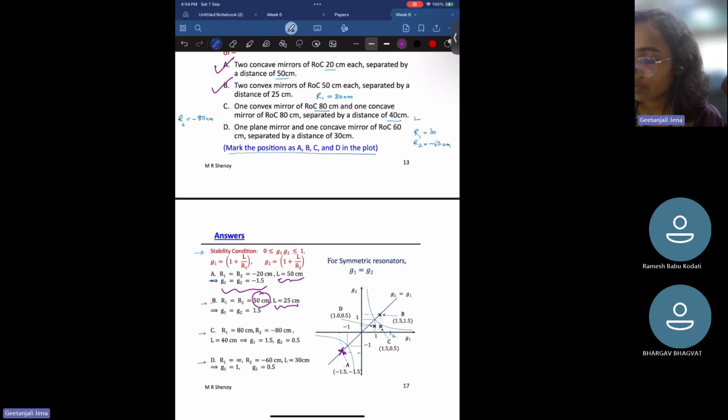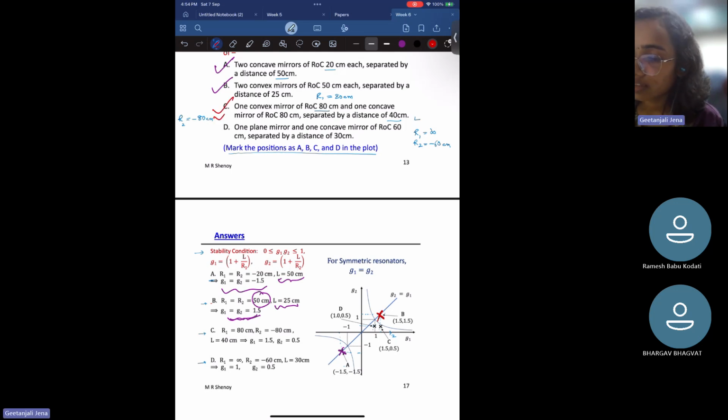So we will get the same value of G1 and G2 as you have seen in the previous case. G1 and G2 we get is 1.5 and 1.5. So that means the position is here. So this is also an unstable resonator.